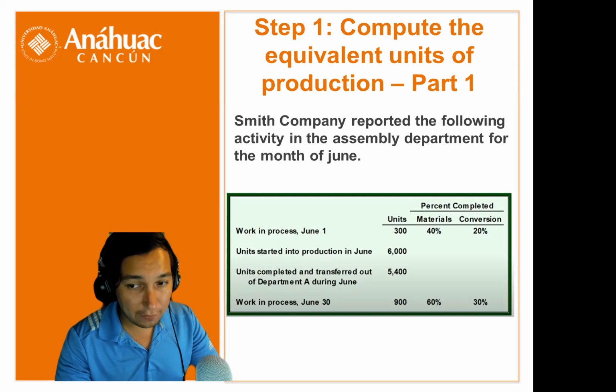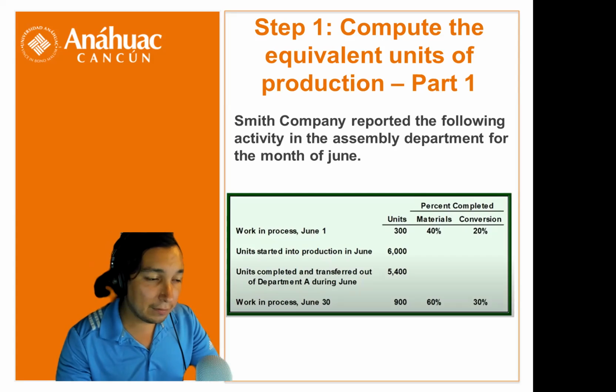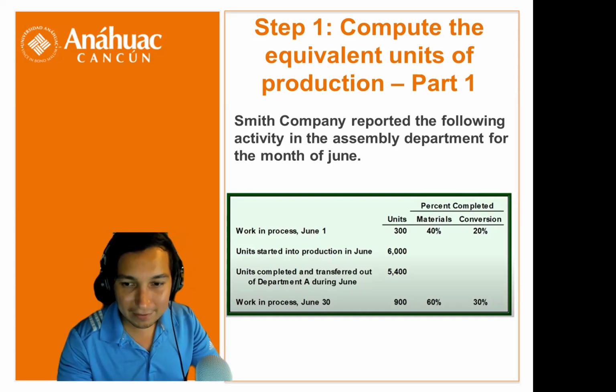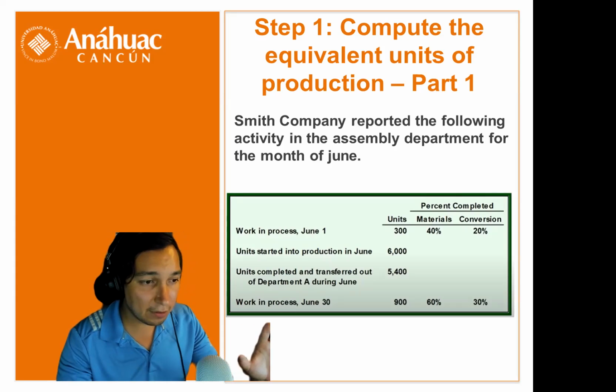First of all, we need to get used to this format. It's a more organized way: we keep things in columns, with our units, and we separate the materials and the conversion, keeping those 2 items in separate columns.